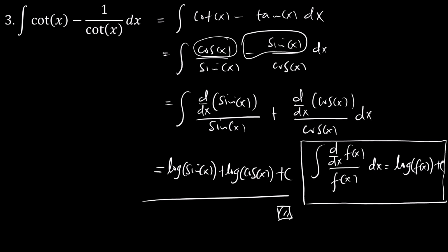Some folks like putting an absolute value around the functions within the log function, but here we'll choose to keep our functions the same. So we have the natural logarithm of sine of x plus the natural logarithm of cosine of x plus the integration constant. So let's continue to problem number 4.